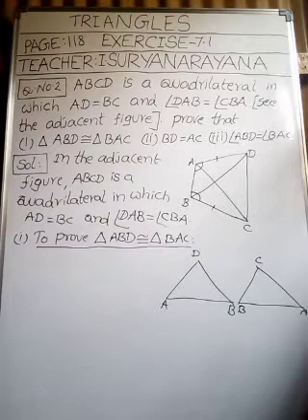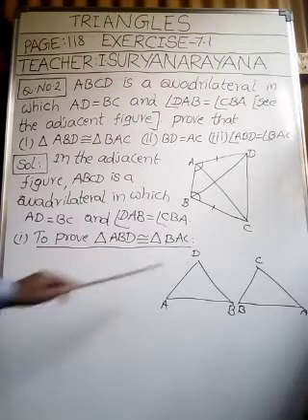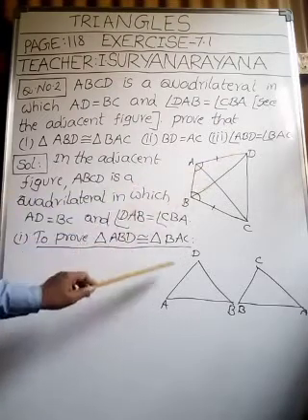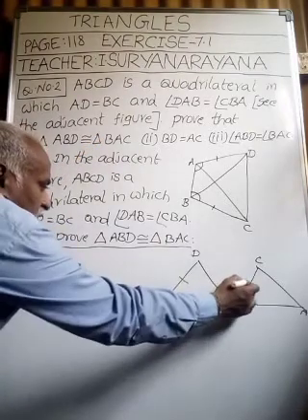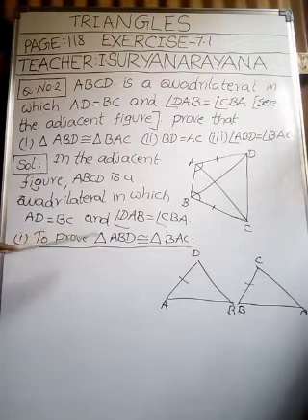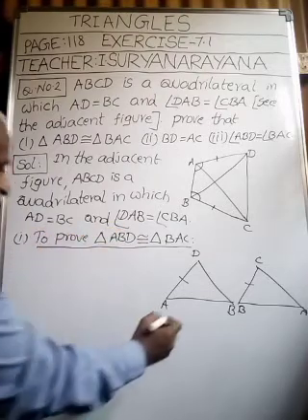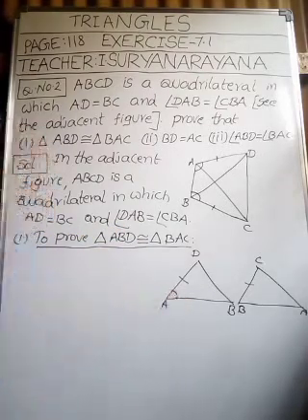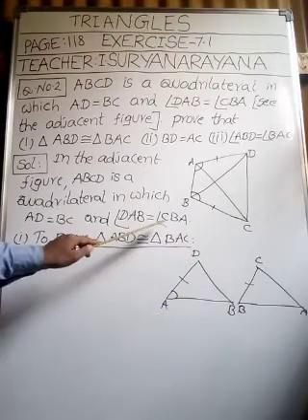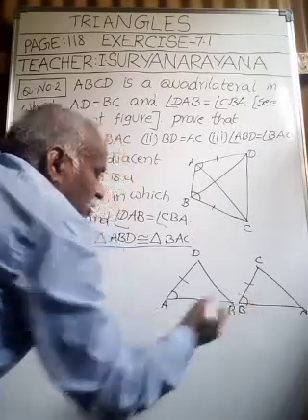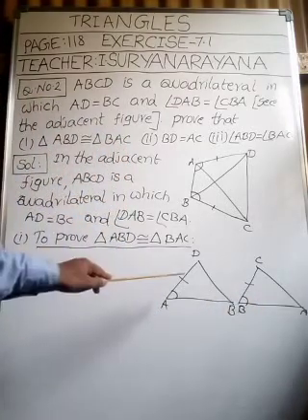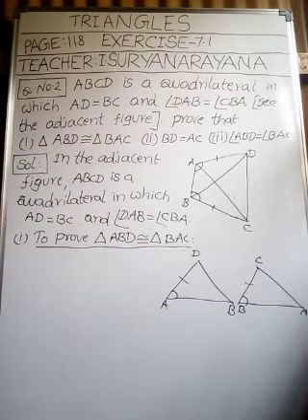Now we can easily compare the corresponding parts in these two triangles. Okay, my children. What is given? AD equal to BC. This line segment is equal to this line segment. Angle DAB is equal to angle CBA. See here, very easily we compare the corresponding parts.